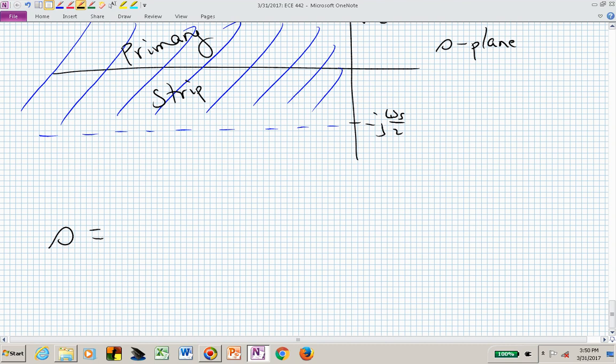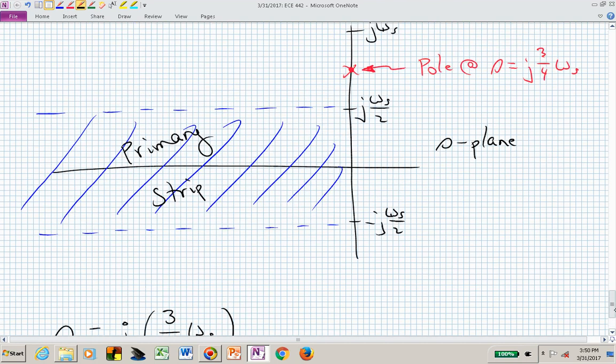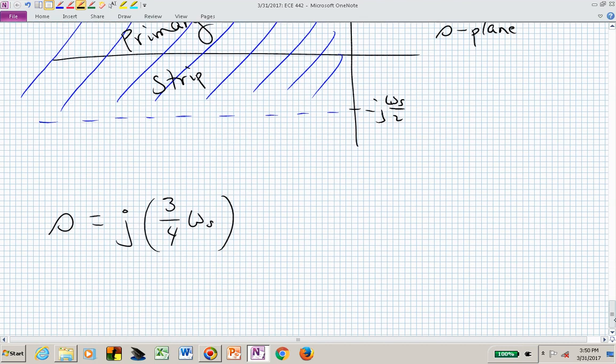We have this relationship s equal to j, and now suppose that our frequency is 3/4 omega sub s. That's that pole's location.